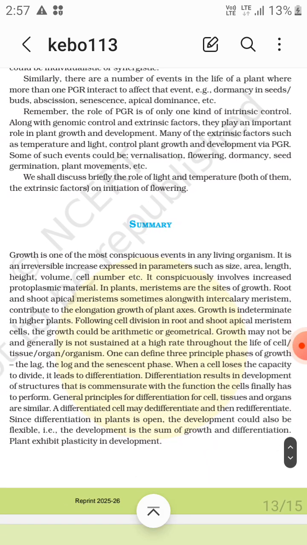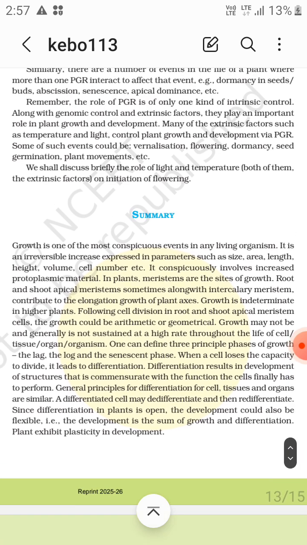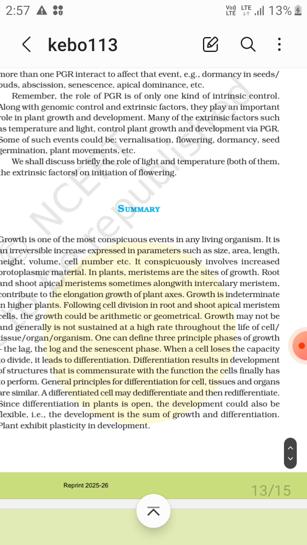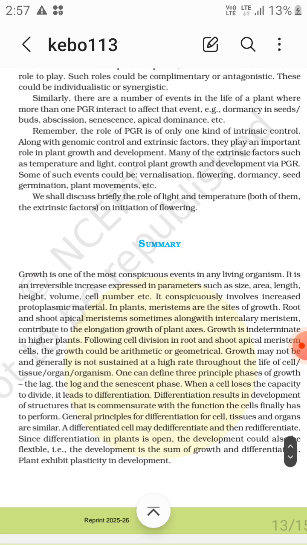We shall discuss briefly the role of light and temperature, both extrinsic factors, on initiation of flowering. These are the two factors that directly affect the initiation of flowering.